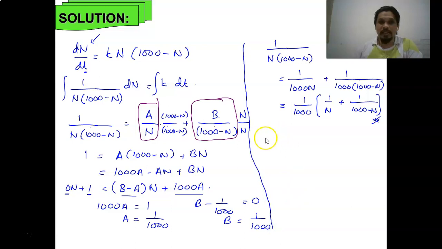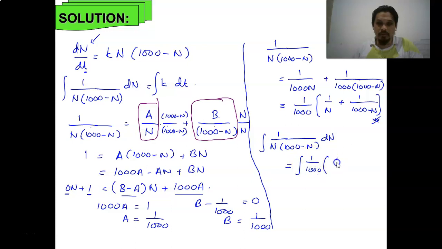So in that case, the integral of 1 over n(1000 minus n) dn equals this one here: the integral of 1 over 1000 times (1 over n plus 1 over 1000 minus n) dn.